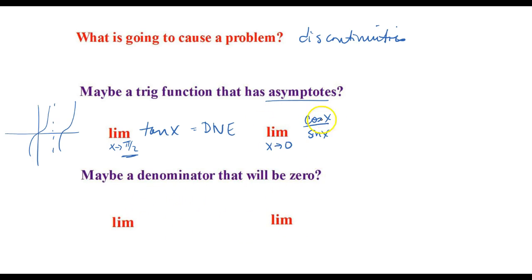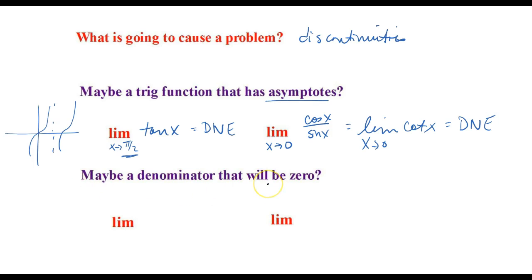But you also might remember that cosine over sine is the same thing as cotangent. And if you know the graph of cotangent, then there is a vertical asymptote at 0. So you would automatically know that this was a does not exist. So just be careful with that.